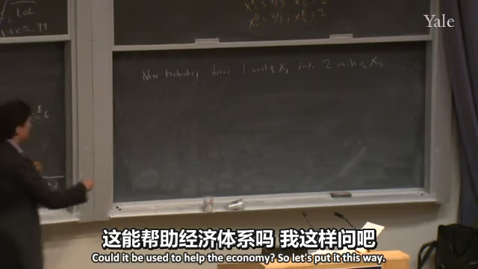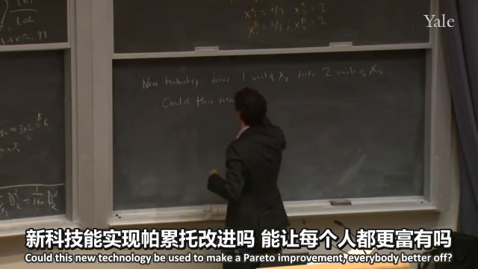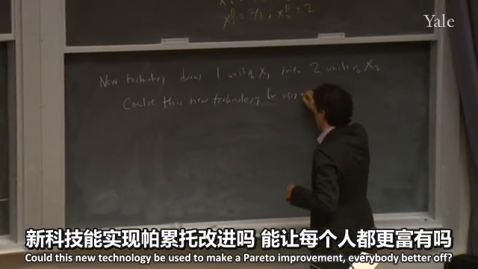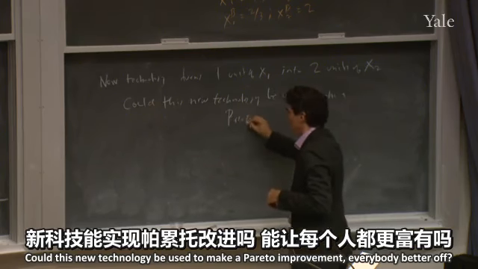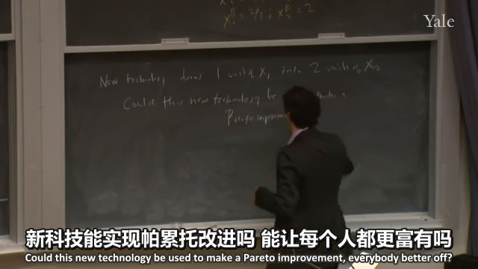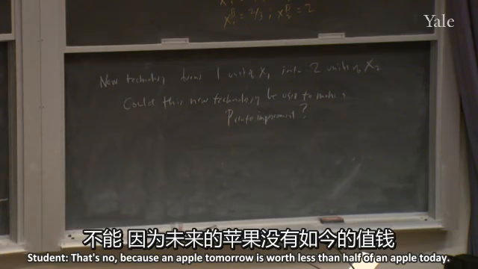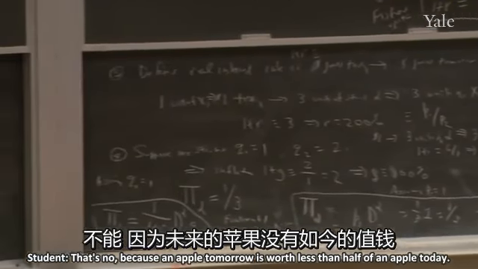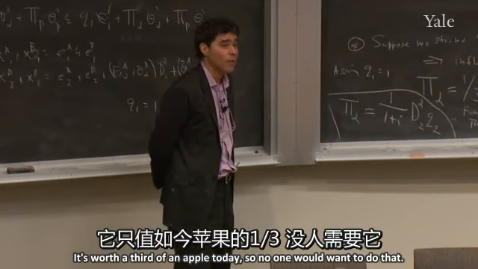Could this new technology be used to make a Pareto improvement, everybody better off? No, because an apple tomorrow is worth less than half of an apple today. It's worth a third of an apple today. So no one wants to do that.